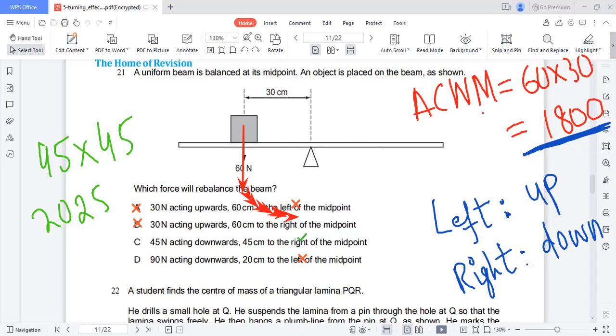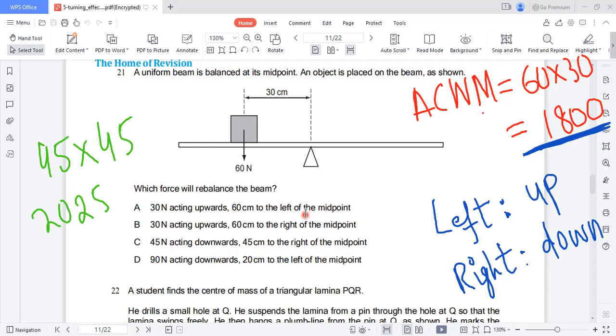So let's visit one by one again. Okay, 30 Newton upward. Okay, for upward it should be on the left side. Yes, it is on the left hand side.